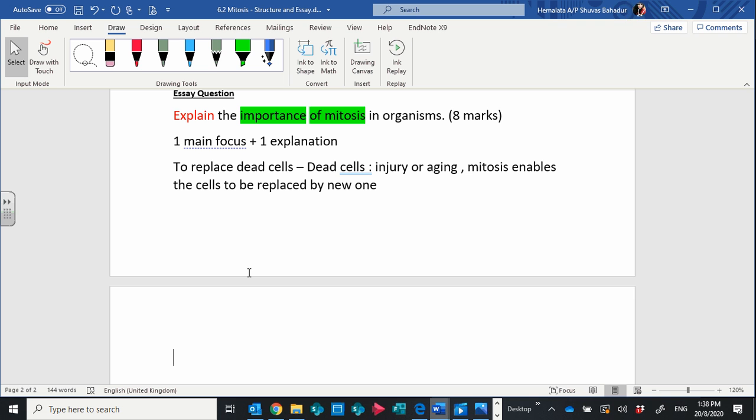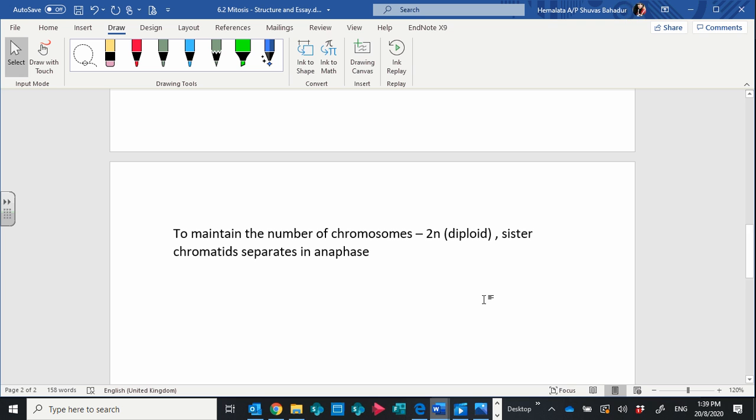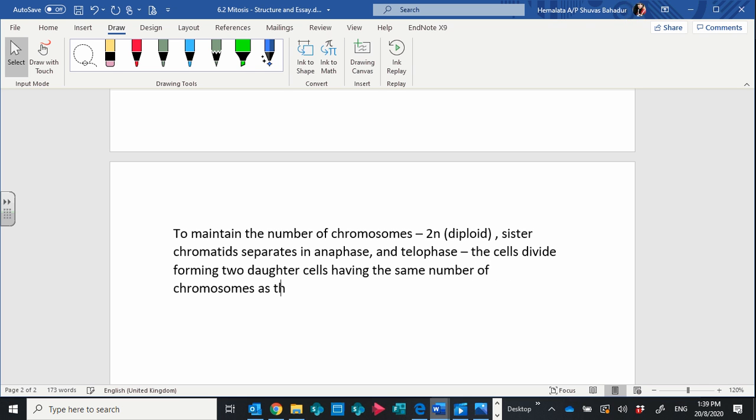Now let's say you want a further example. Importance of mitosis. Let's say you are going to use, to maintain the number of chromosomes. So to maintain the number of chromosomes, we have 2n, which is the diploid number, and the diploid number is maintained because sister chromatids separate in anaphase, and in telophase the cells divide, forming two daughter cells having the same number of chromosomes as the parents.